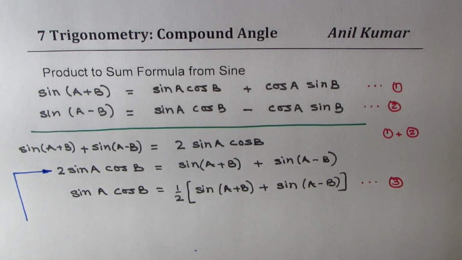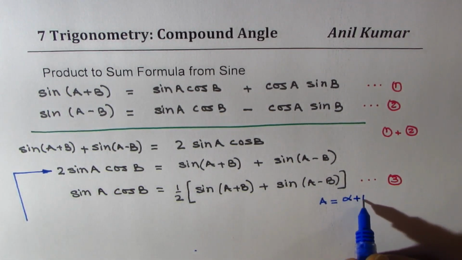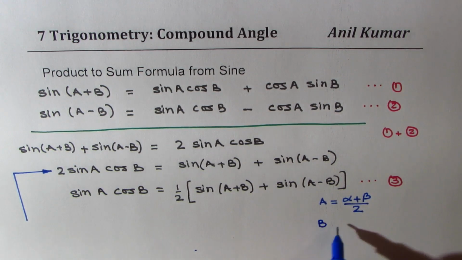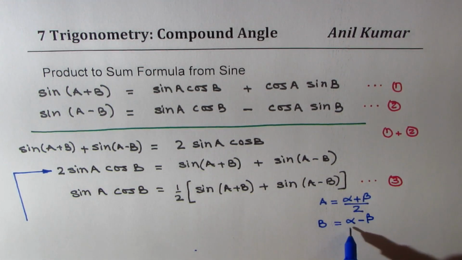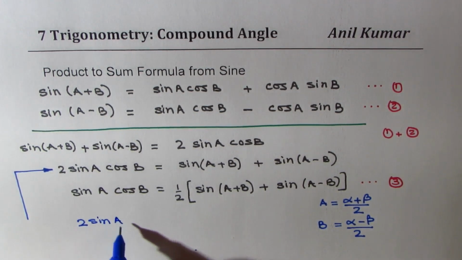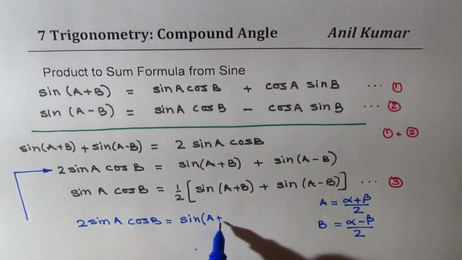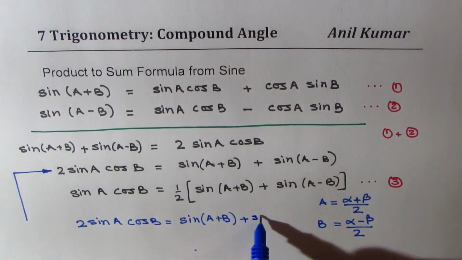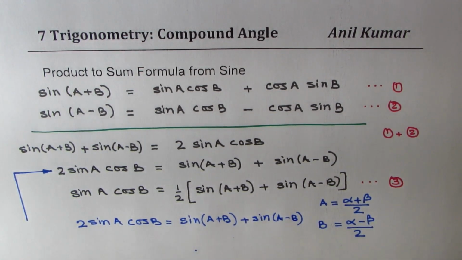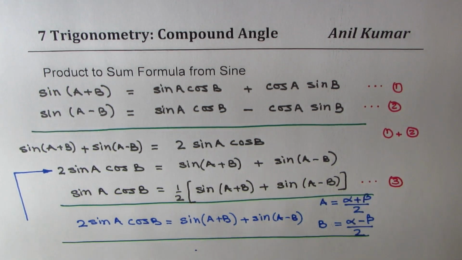So what we are going to do is replace a with alpha plus beta by 2, and replace b with alpha minus beta by 2, in the formula twice sine a cos b equals sine a plus b plus sine a minus b, and see what happens.